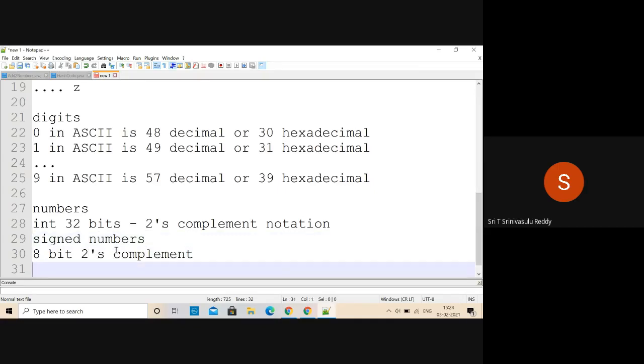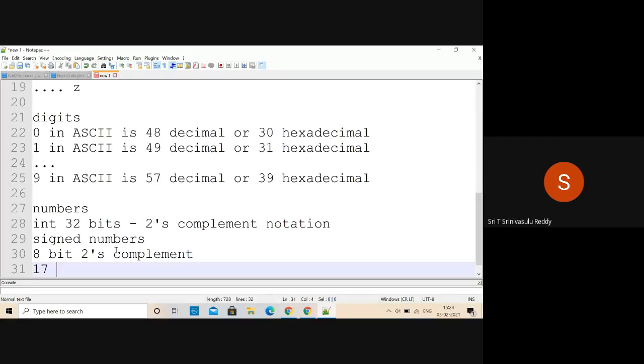For example, you want to represent a number like 17. Whenever you are saying 17, we should also specify how many bits you are going to use in the two's complement notation. For the time being, we assume that 8 bits are going to be used. So 17 here is nothing but 16 plus 1.